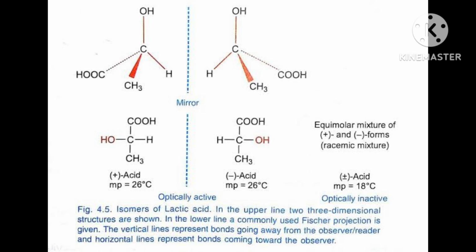Then the attack of the nucleophile may be accomplished from either side, from both sides, resulting in a mixture of products, one having the same configuration, means OH is attached on the same position as the halide, and the other product having opposite configuration, means the OH attaching on the side opposite to the halide ion.